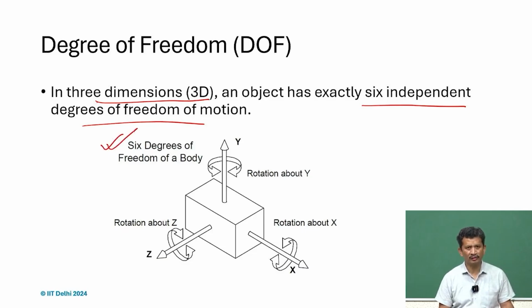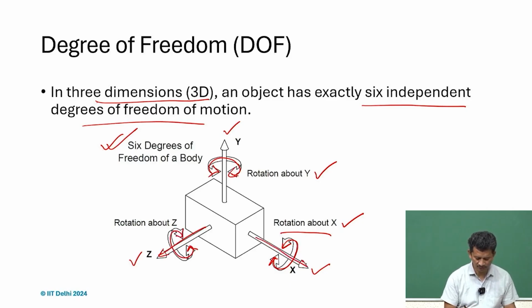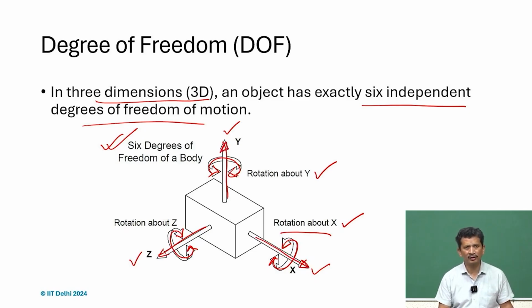If you talk about any rigid body in 3 dimensional space, the degrees of freedom are 3 translations along x, y and z, and the 3 rotations along the x axis, y axis and the z axis. So, this should be very clear and we should not have any doubt.